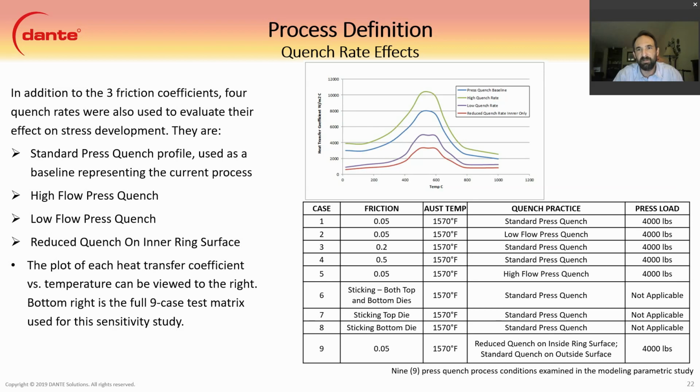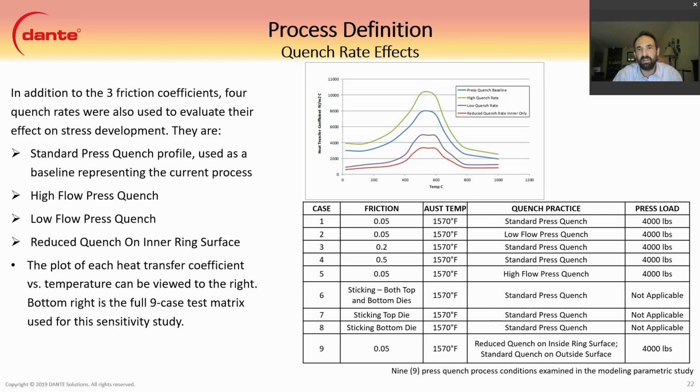So we looked at what their baseline was, what we assumed they were doing currently, and then a higher rate, a lower rate. And we also reduced the inner ring rate substantially and kept the outer surface on the outside diameter as the standard rate.